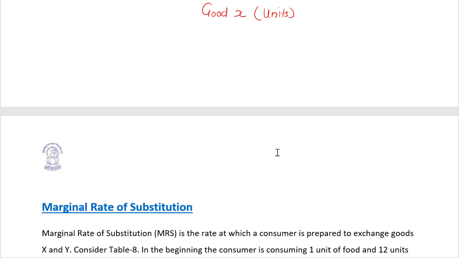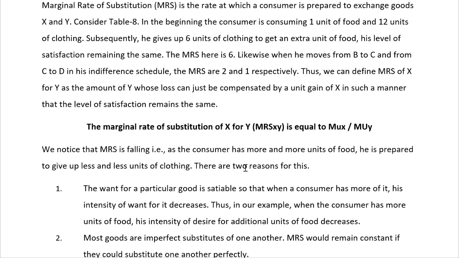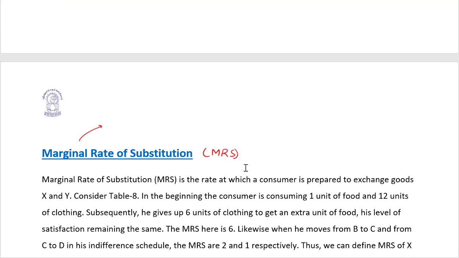Students, let's move to another topic, and that is popularly known as MRS, that is marginal rate of substitution. As I just shared with you, marginal rate of substitution is nothing but the rate at which the consumer is willing to substitute one good for another without changing the level of satisfaction.